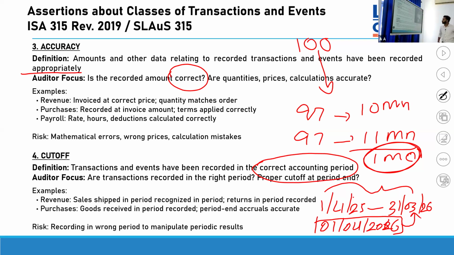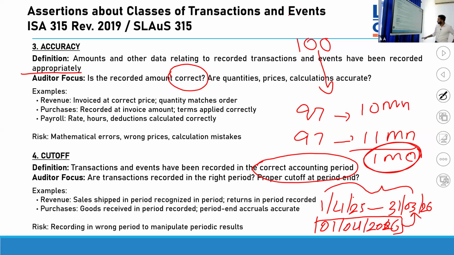Manas, Zahra, is that relevant? Our accounting period is 1st April 2025 to 31st March 2026. But we have included an invoice which is dated 1st April 2026. No, very good. No, it is not relevant for our period.